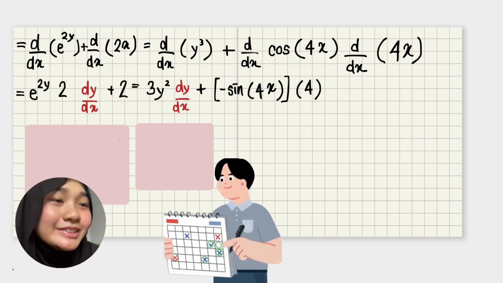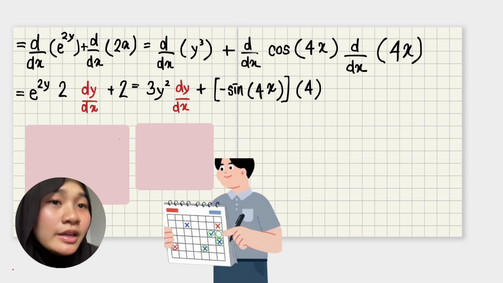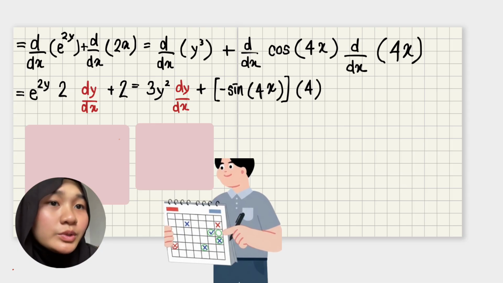After we differentiate it, we'll get exponent to the power of 2y times 2 dy over dx plus 2 equals 3y to the power of 2 dy over dx plus negative sin(4x) times 4.